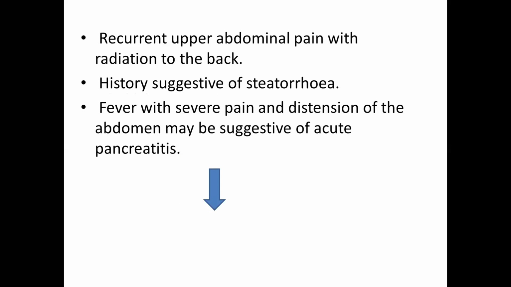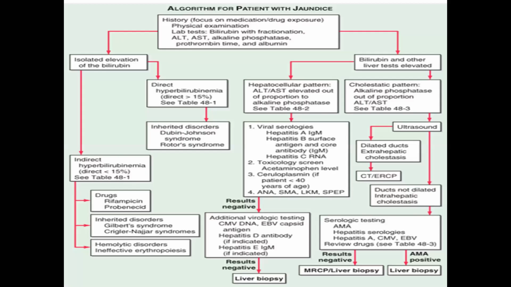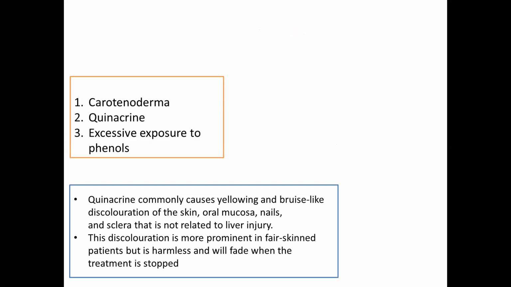And then after that, we have taken some history, which usually gives clues for the diagnosis of the cause of jaundice, then physical examination, then laboratory investigation and algorithm. And lastly, the differential diagnosis and homeopathic therapeutics for jaundice.